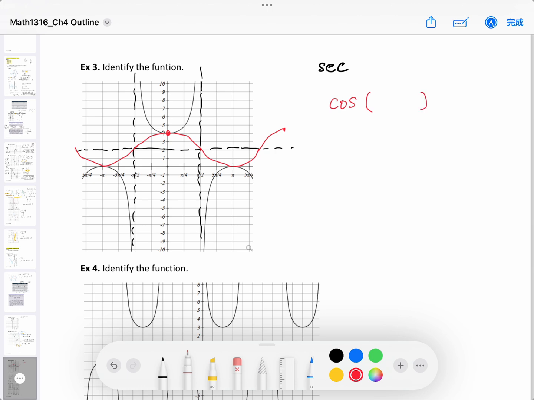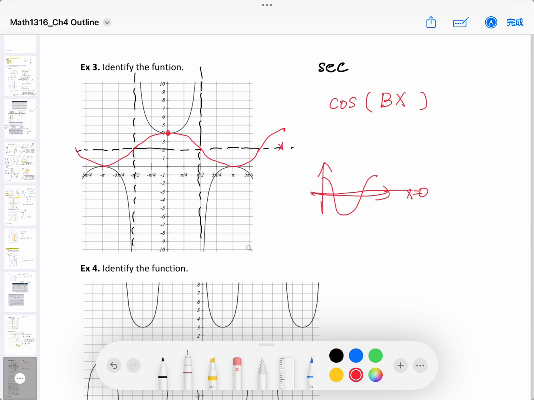And there is no horizontal shifting because it's not going to the left or right. So let's put bx here, no horizontal shifting. Do we have any vertical shifting? Yes, because for the cosine function, the center line is at y is equal to 0.